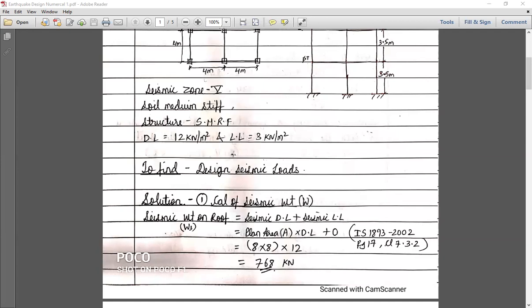I hope everyone is paying attention to the numerical. So the clause says that for calculating the design seismic forces of the structure, the imposed load on the roof need not be considered.